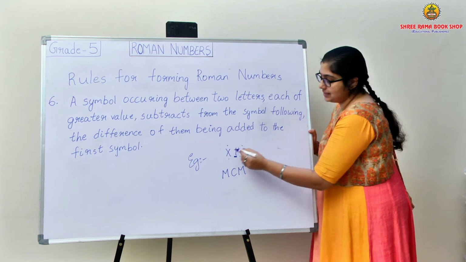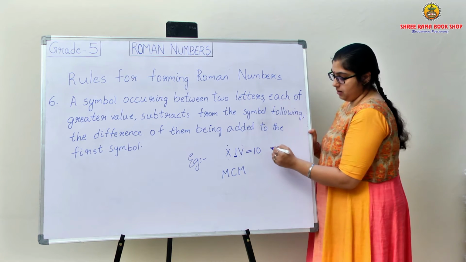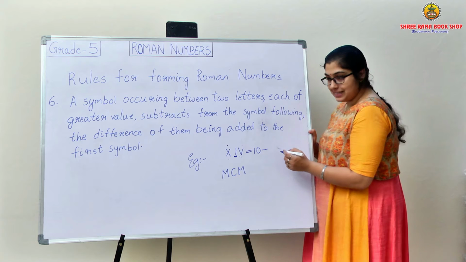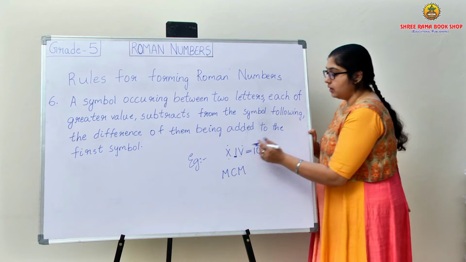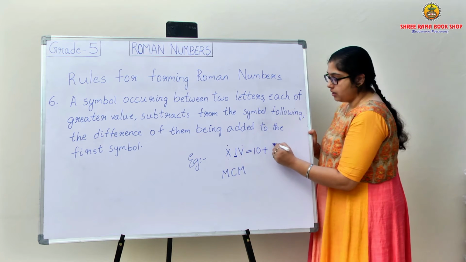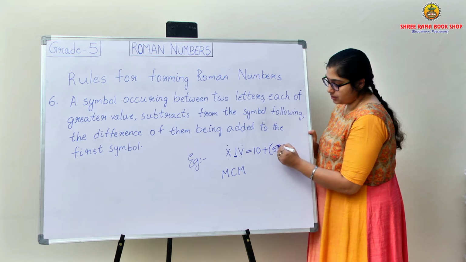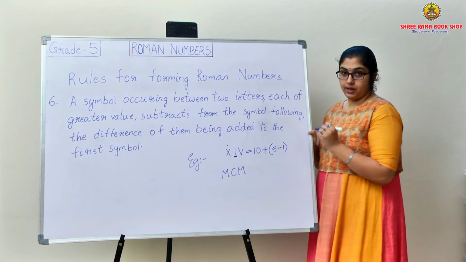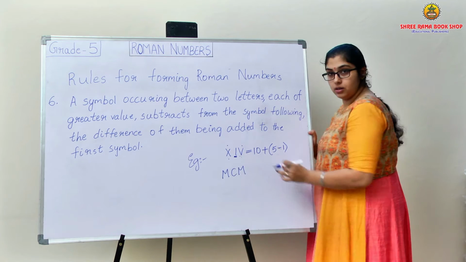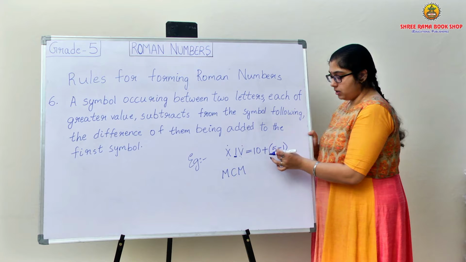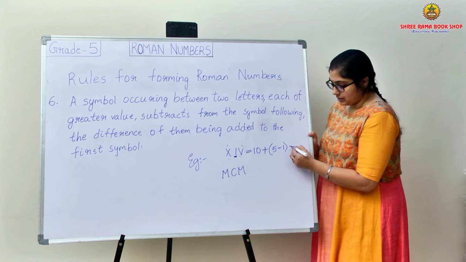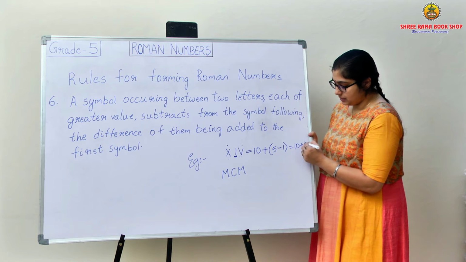Okay, so I can say that X is nothing but 10, plus, because I need to add, then I need to subtract these two, right? So 5, which is V, minus 1. Always we subtract from greater to smaller. So V is the greater one, so V minus 1, which gives 10 plus 4.